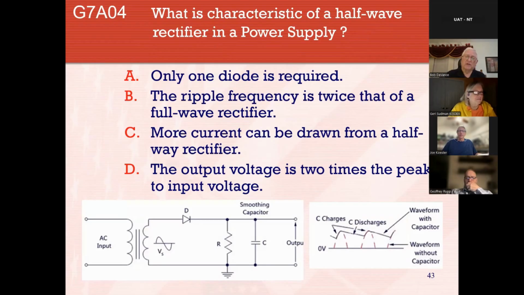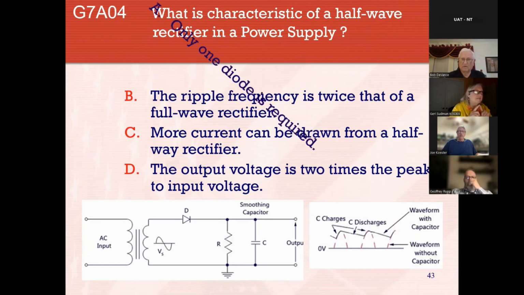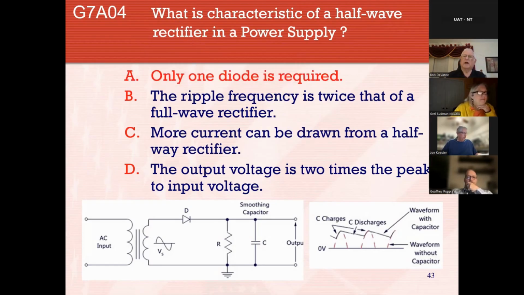Well, one diode, that's the circuit, by the way, at the bottom. I pasted that in there. This wasn't in the original slides, but I thought it would be helpful to put that in there. Only one diode is used there, that's for sure. The ripple frequency is twice that. No, actually, it's half of it. More current can be drawn? No, because we're only using half the wave, so we're not going to get more current out of it. The output voltage is 2 times the peak. No, we don't have anything to multiply it. So really, there's only one answer left, and that would be A. It only takes one diode.